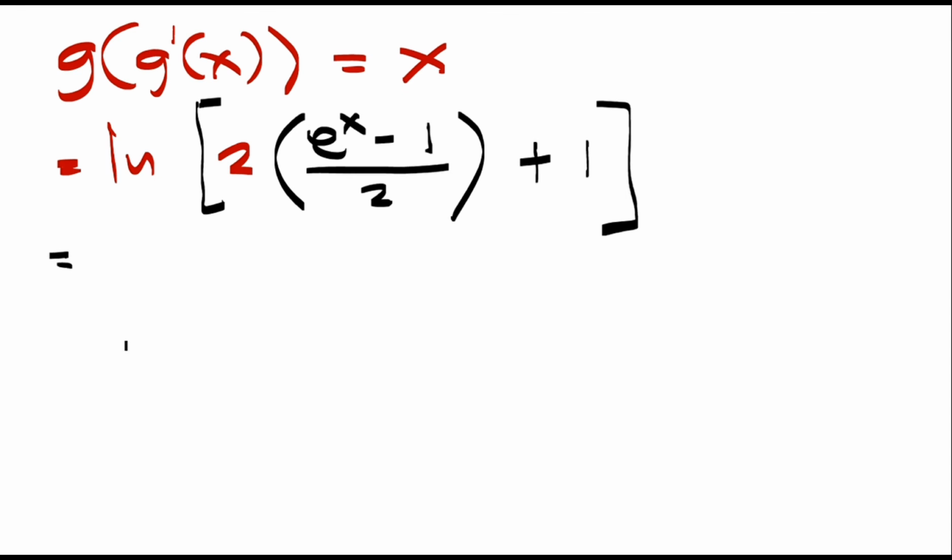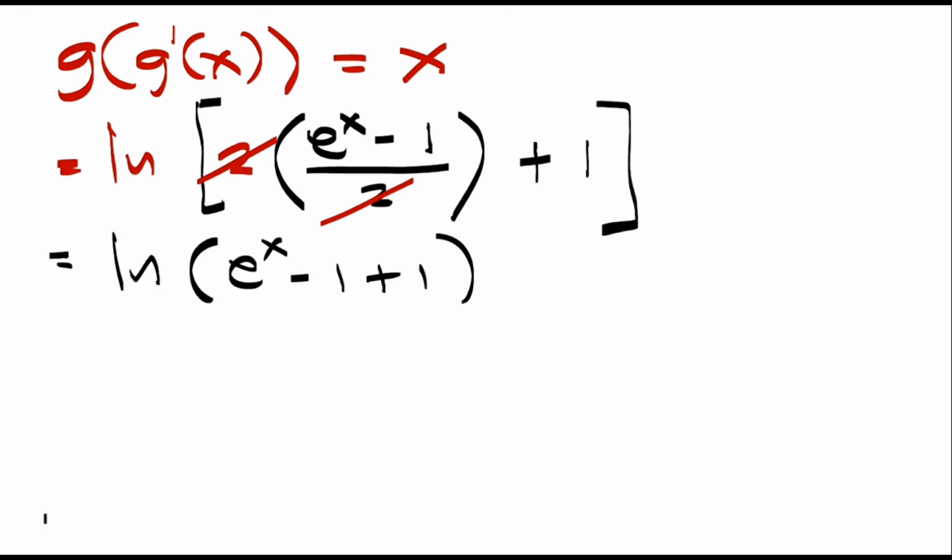Let us simplify this expression. We can cancel out 2 here. So we'll have natural logarithm of e to the x minus 1 plus 1. And take note that negative 1 plus 1 is equal to 0. So we'll have only ln of e to the x.